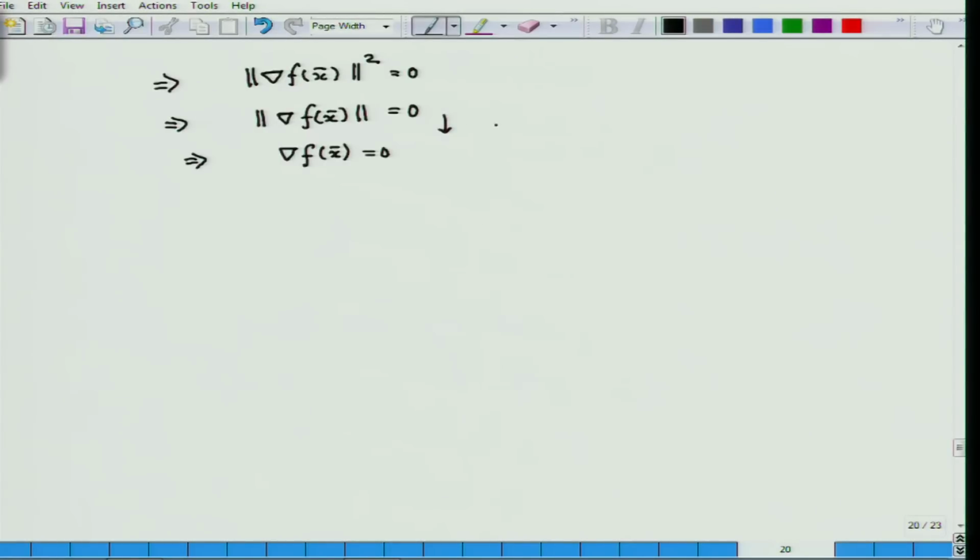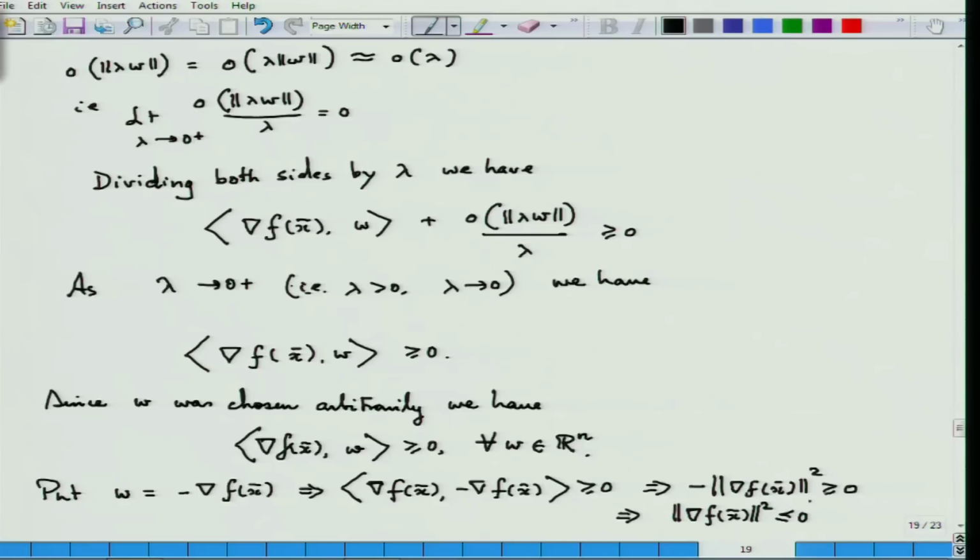So, here we have applied the formula norm of x is equal to 0 if and only if x is equal to 0. This is the property of the norm, and from here to here we have employed the fact that the inner product of x with x is nothing but square of the norm.